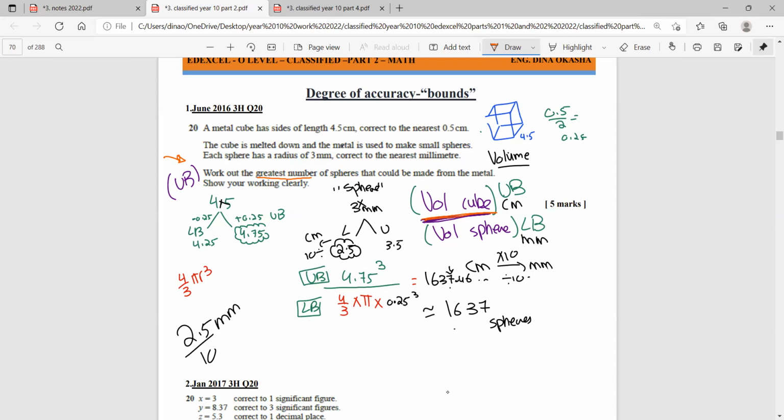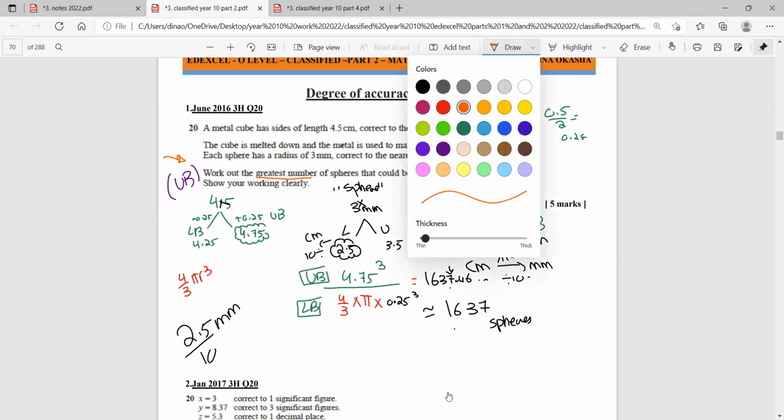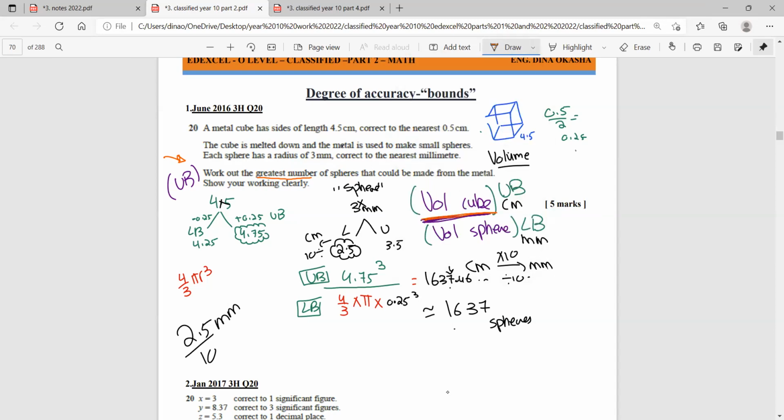What was the trick that I did not notice myself in this question? The trick was the different units. I really did not notice. The different units between the sphere and the cube. So these must be the same units. Because I used the edge of the cube in centimeter, I had to change the radius of the sphere into centimeter as well. How do I change from millimeter to centimeter? I divide it by 10.